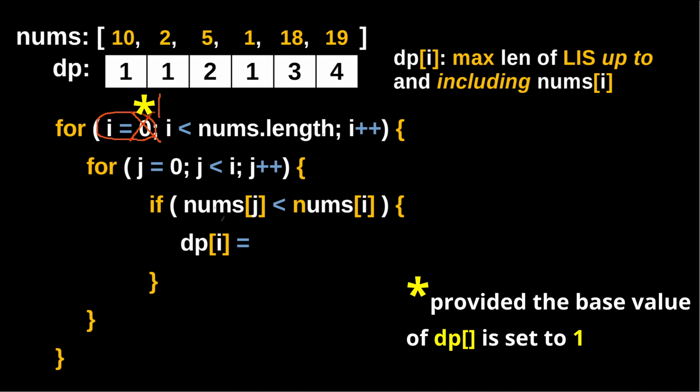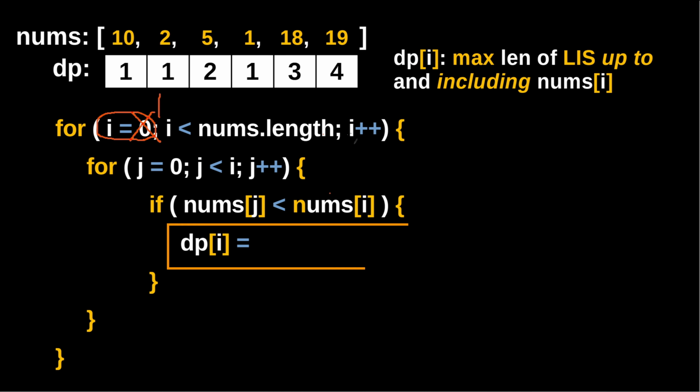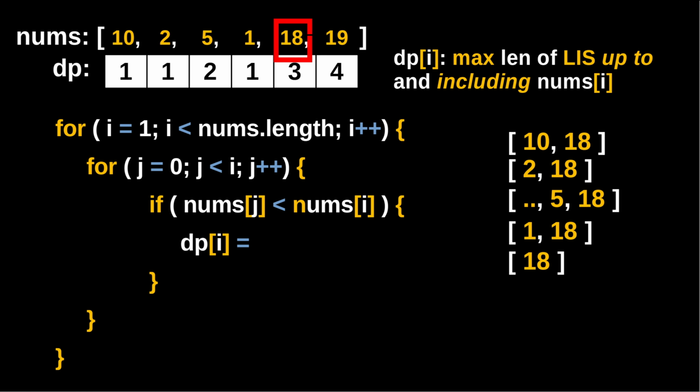Now that we have this logic in building up the dp array, what is the inner logic to populate dp sub I? Consider the iteration at this position, and we are going through the inner for loop. We ask, does 10 and 18 make an increasing subsequence? Yes, it can. And how long is this increasing subsequence?